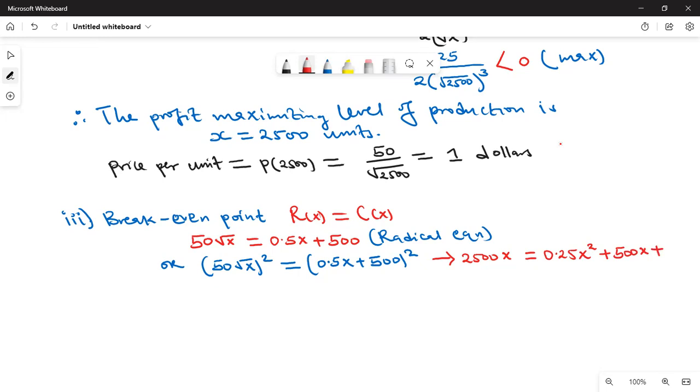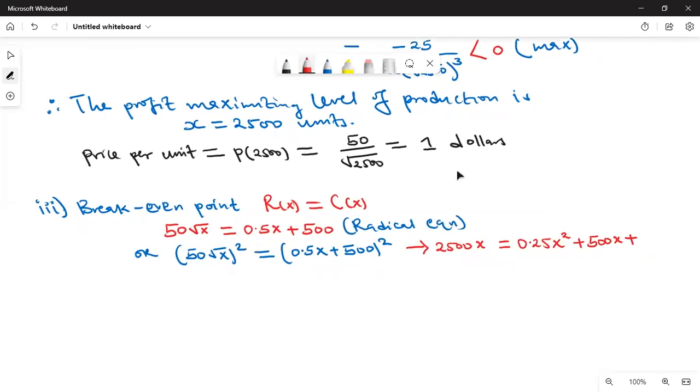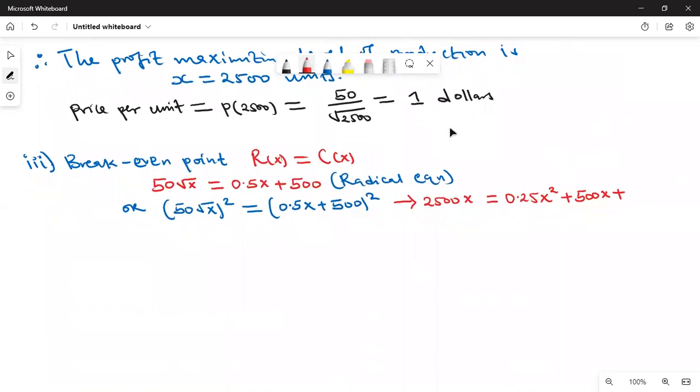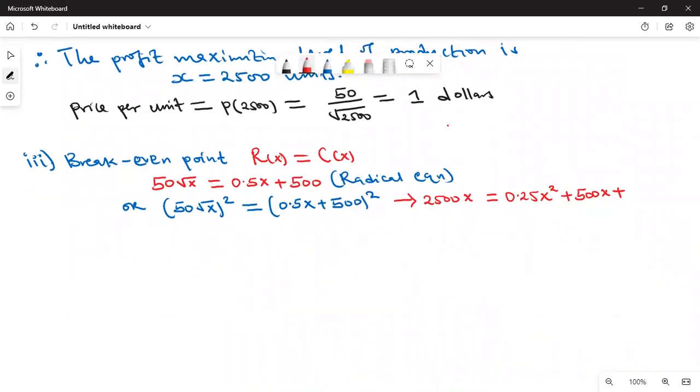500 squared is 25 with the 4 zeros. That is when you square 500. So we need to simplify the equation. Let us take everything to the right hand side.